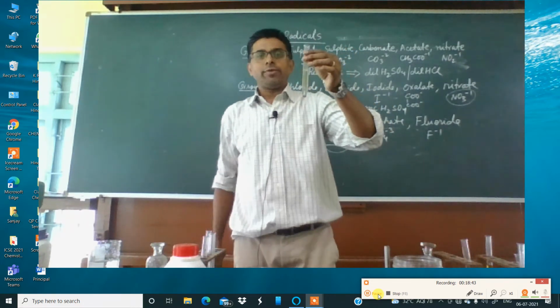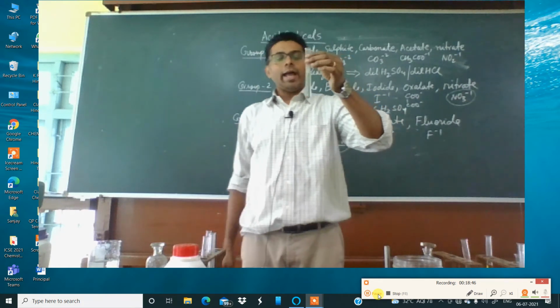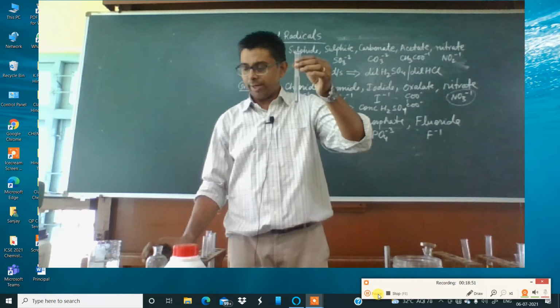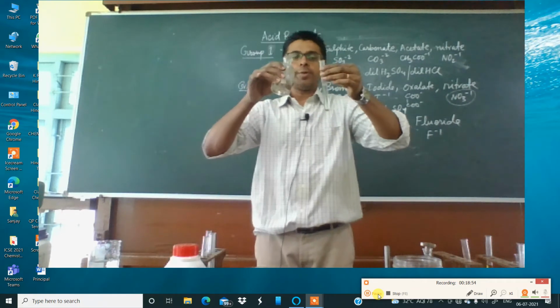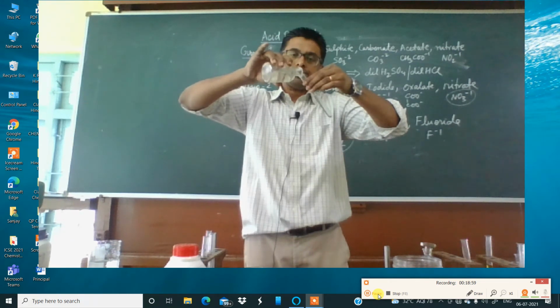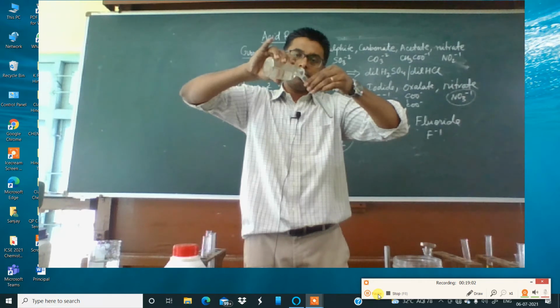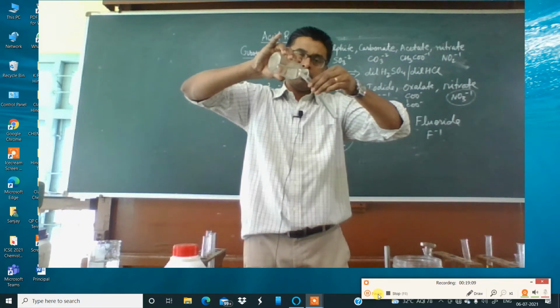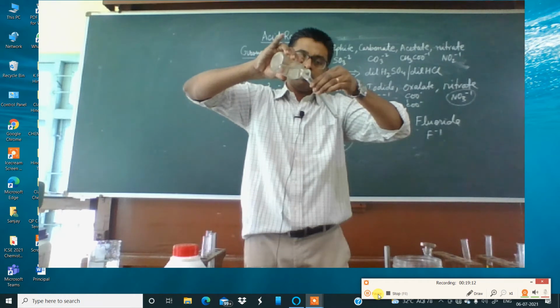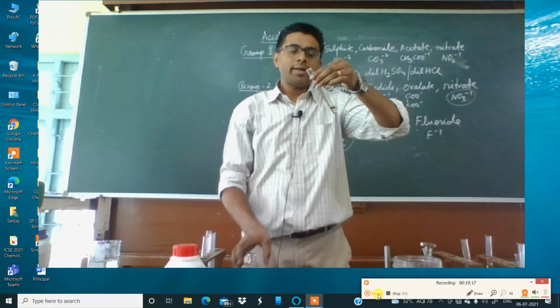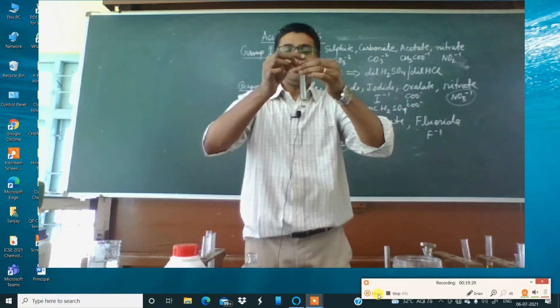Now I will add concentrated sulfuric acid from a reagent bottle, which must be added by tilting the test tube sufficiently. I have added sulfuric acid slowly.